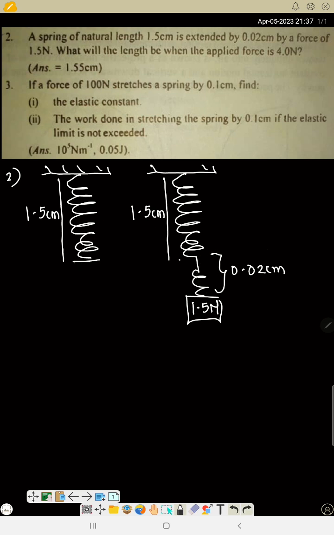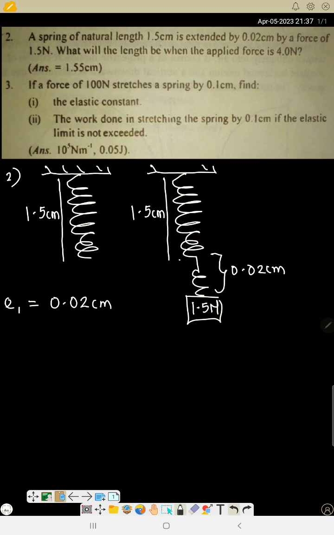So that means this 0.02 is the extension. So I know the extension now. Let's say E1 is equal to 0.02 centimeter. Because the answer is in centimeters, I don't need to convert.